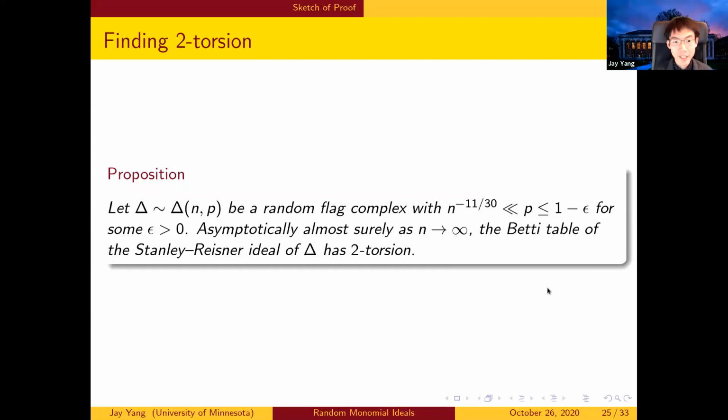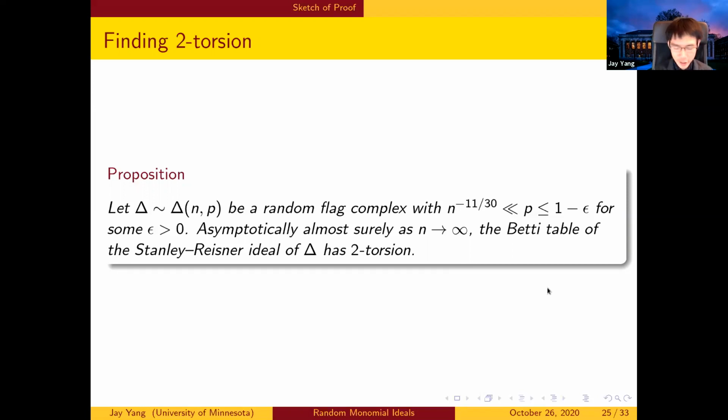But what we didn't manage to show, and are not entirely certain how to show, but suspect to be true at least in the two torsion case, is that there shouldn't be any way of getting a flag complex with lower essential density than 30 over 11.